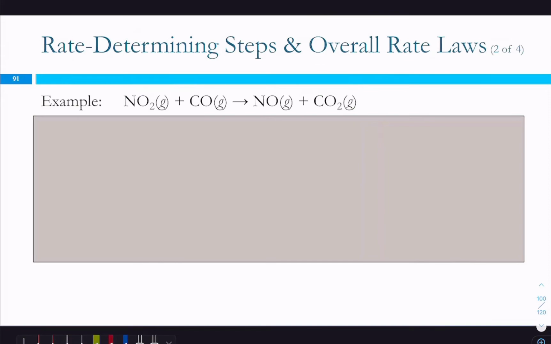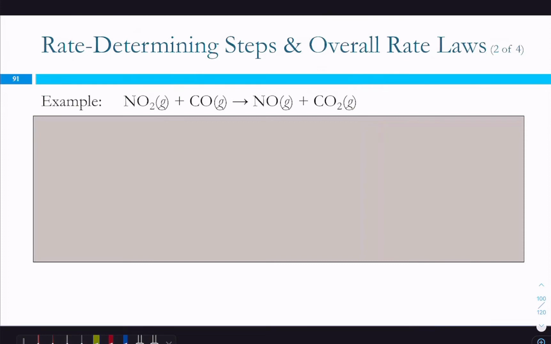Oh, well, we can't use the molecularity yet. That's only for elementary steps. We can find K, but we have to find our reaction order first.